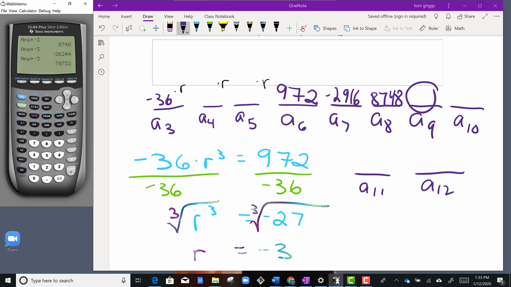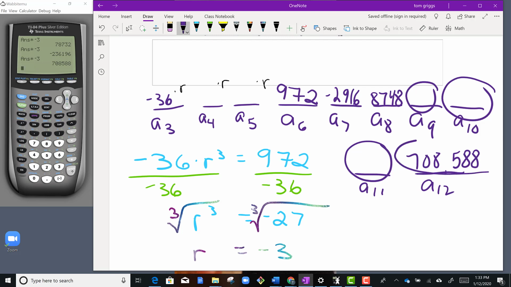Hit enter again. 78,000 is the 10th term. One more time. There's the 11th term. And then finally, and of course I messed it up. There it is. A lot of different ways to do that problem. To me, this is the easiest and the quickest.